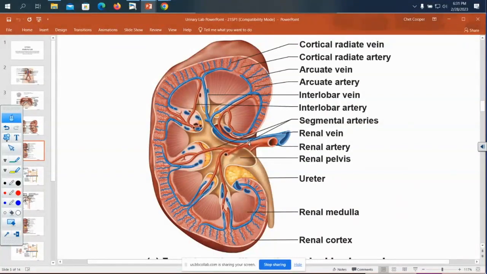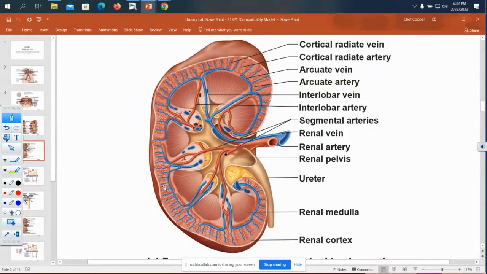So the renal artery comes in here, and remember it's outside the renal pelvis, and it finds its way to a column, and it goes up a column, and it turns the corner around a pyramid, and then there are some branches that go out and radiate through the cortex. Now that's pretty simple until every time it branches, you have to give it a name.